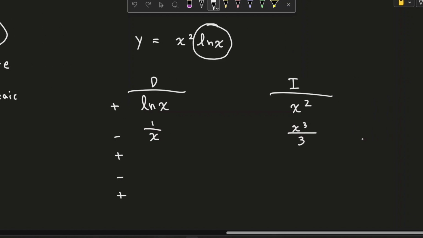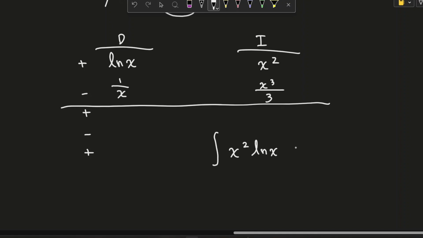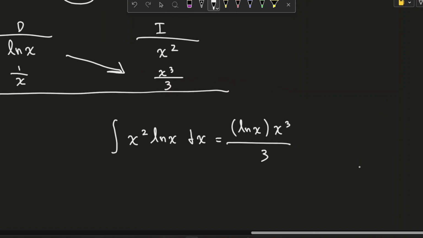Now we know that this can continue forever, so we can just stop right here, and the integration of x squared ln x will be to cross multiply as usual, which is ln x multiplied by x cube over 3, minus multiply these two and integrate the end result.